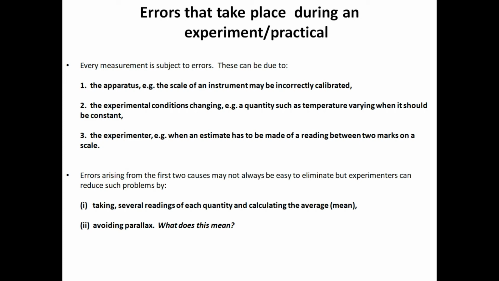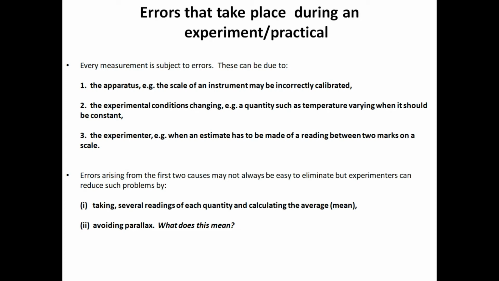The third one could be the experimenter, who is you, the scientist, right? For example, when an estimate has to be made of a reading between two marks on a scale, so you might misread the scales or misread the instrument.